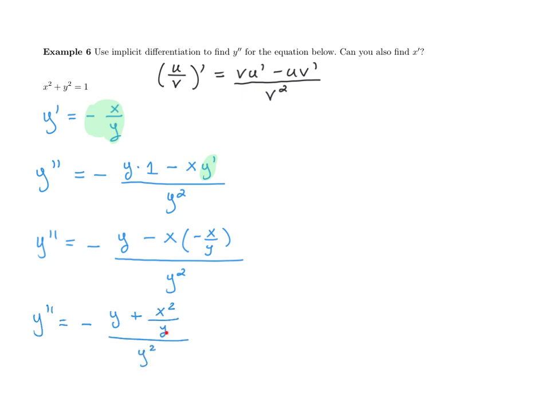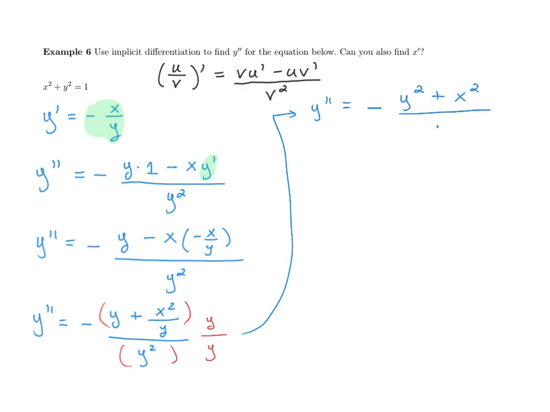If we do not want fractions within fractions, we can multiply the top and bottom by that least common denominator, which is y. Carry that work over here. y double prime is equal to negative, okay, we get y squared plus x squared all over y cubed.